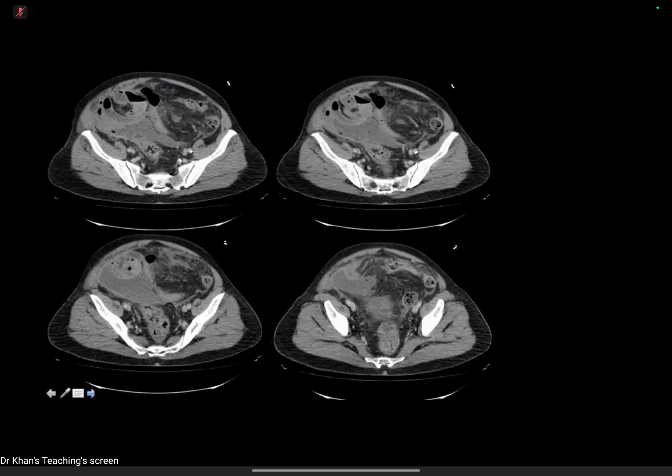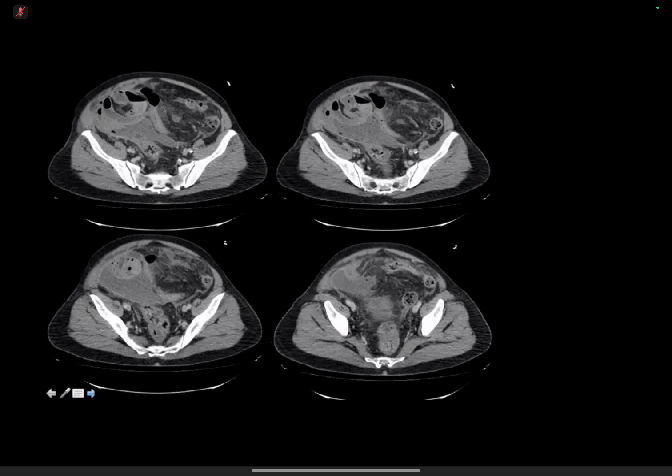There's a collection with a peripheral enhancing border or wall. There's also surrounding adjacent inflammatory stranding in the mesentery. I cannot see any free gas in these slices.